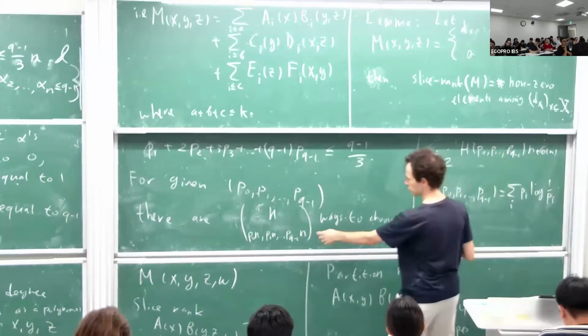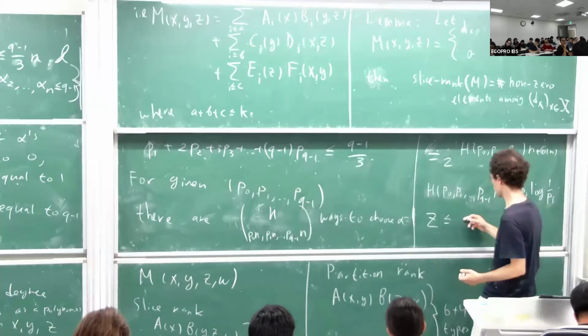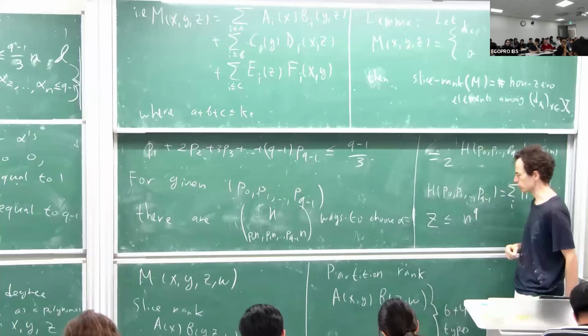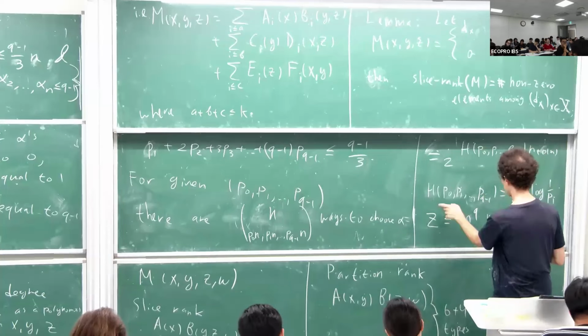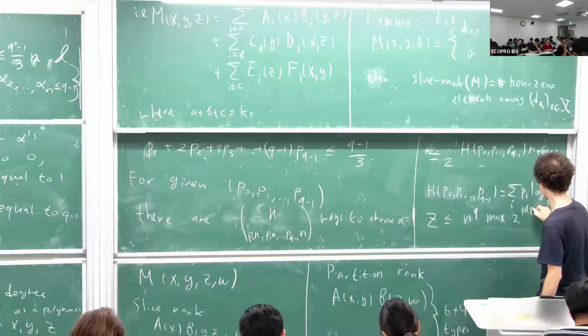It's at most (n plus q choose q) times the maximum of all of these terms, 2 to the entropy times n, plus the smaller terms.